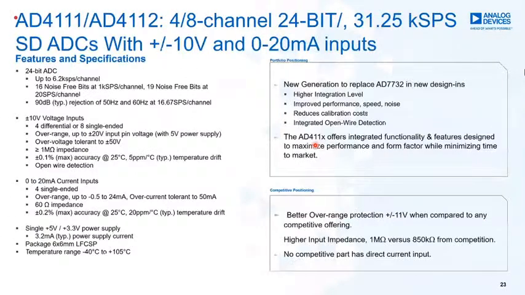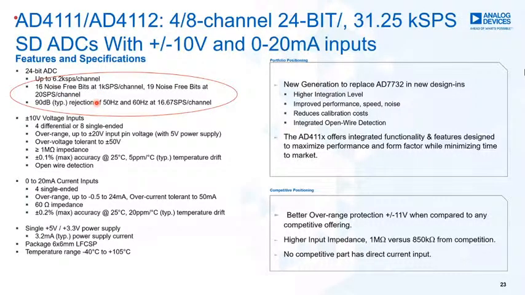Let us look at some of the accuracy and other features built into this particular chipset. First, we use a 24-bit ADC here, and it can give you up to 6.2 kilosamples per second, and it gives 16 bits of resolution at 1K SPS per channel, which is quite good in automation applications.